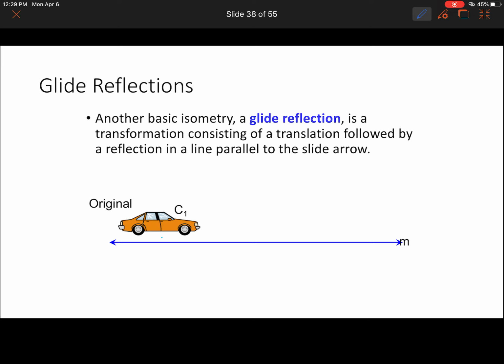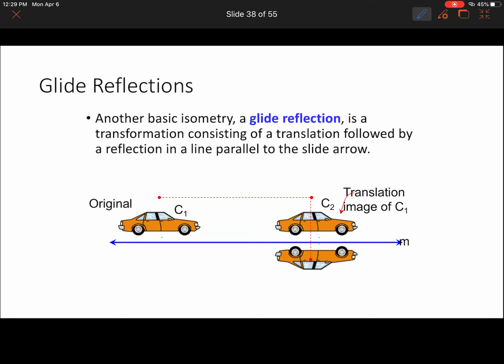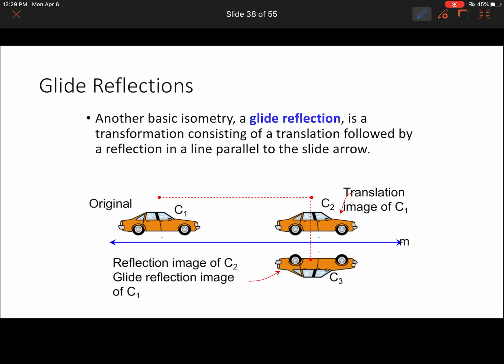So in a glide reflection, it's going to slide, so there's the translation, and then it also is going to reflect across a line. And so the original looks the same shape and size as the image, but it has been moved twice with two different transformations, a translation and then also a reflection.